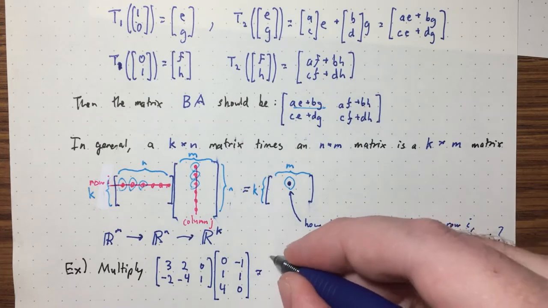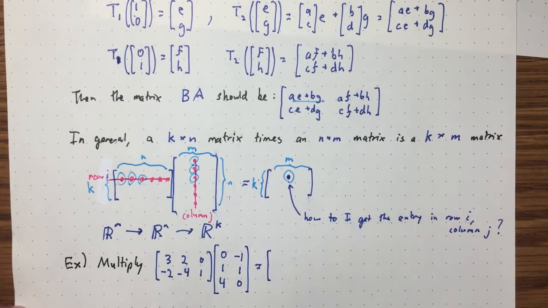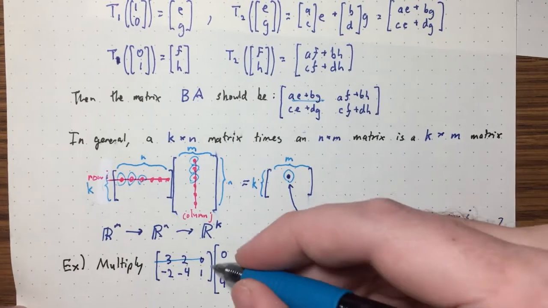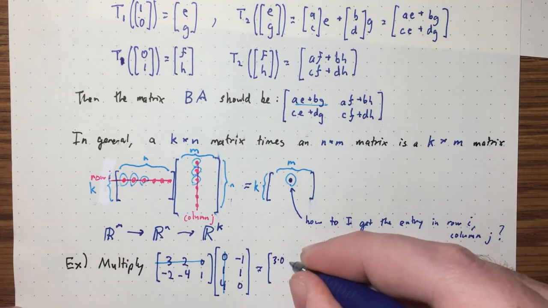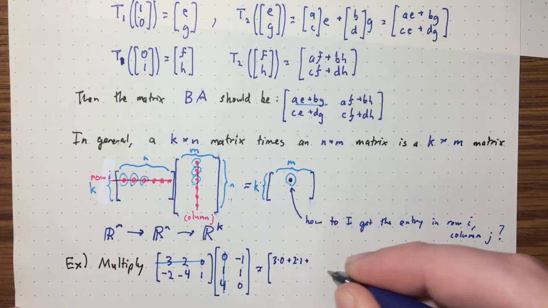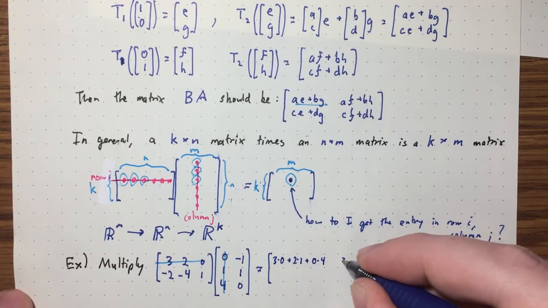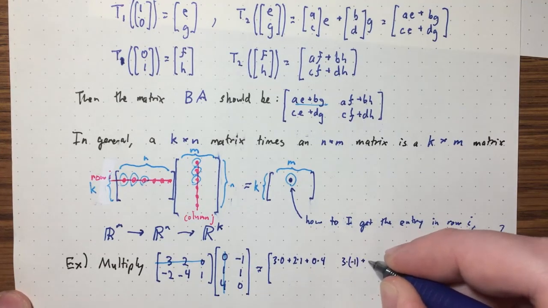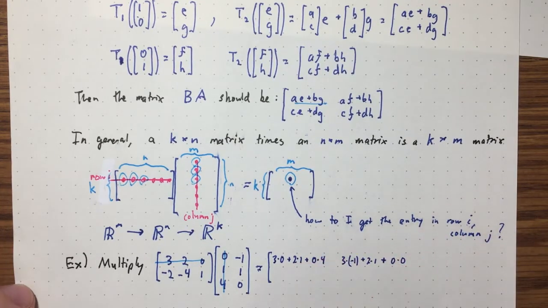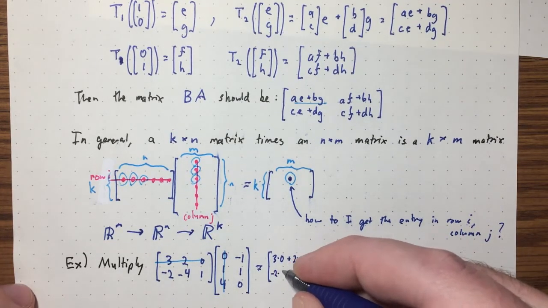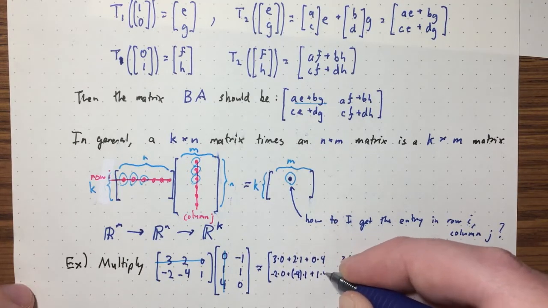Okay, so how do I do this? Well, what's my first entry going to be? Row 1, column 1. It's going to be row 1 of the first matrix times column 1 of the second matrix. But here's what I have to do. I have to do 3 times 0 plus 2 times 1 plus 0 times 4. And then this entry over here is going to be 3 times negative 1 plus 2 times 1 plus 0 times 0. This entry here will be negative 2 times 0 plus negative 4 times 1 plus 1 times 4.